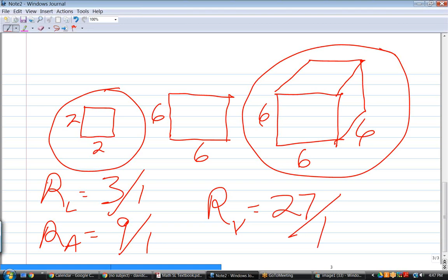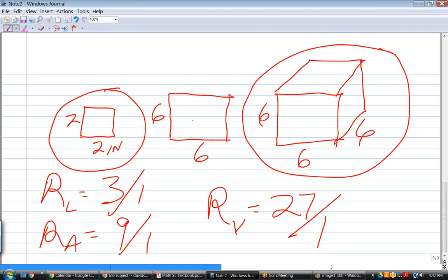So these 3 ratios are always this way, whether you're talking triangles, squares, rectangles, circles, anything where you can go from 1 dimension to 3 dimensions. Notice here, I'm measuring stuff in inches. That's 2 inches.